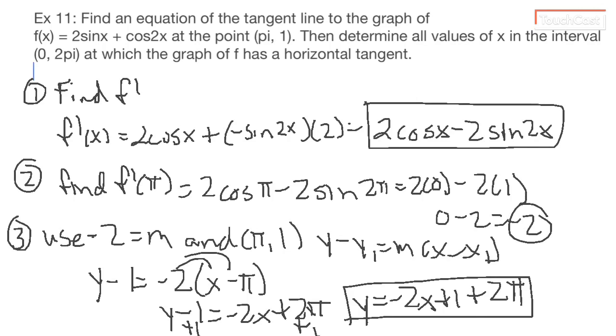Now we're going to find out where the graph has a horizontal tangent. So I'm going to use a new page for that. Now, a horizontal tangent means that the slope is 0. So we're going to take our derivative and set it equal to 0. 0 is equal to 2 cosine x minus 2 sine of 2x, and we're going to solve this for x.